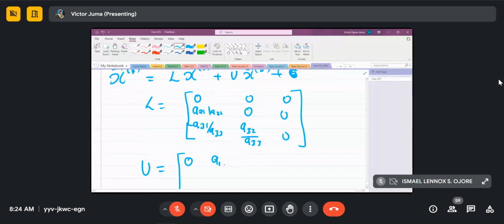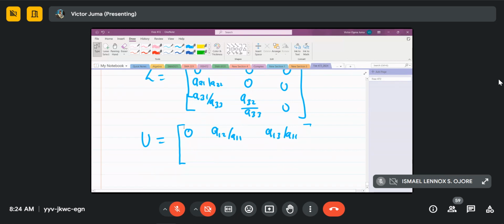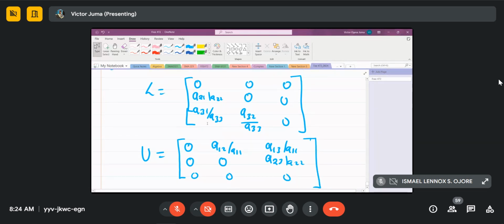That is a12 over a11. That's a13 over a11. And then I have here, that is 0. That is 0. That is a23 over a22. And 0, 0, 0. So if you have a large matrix, you can just continue the same way. Then you write the big L and big U.